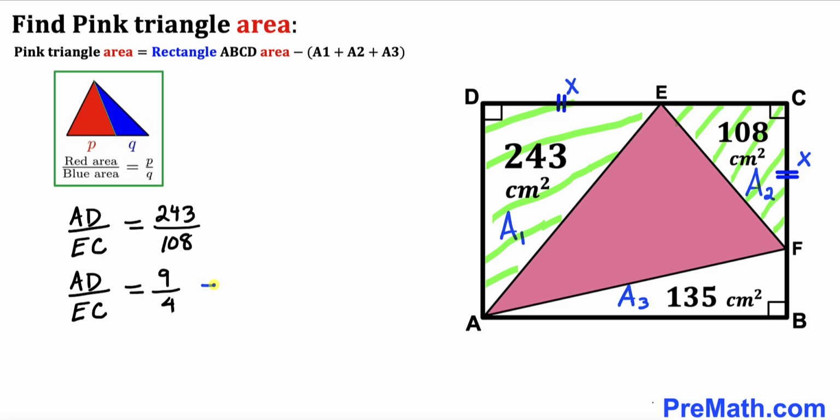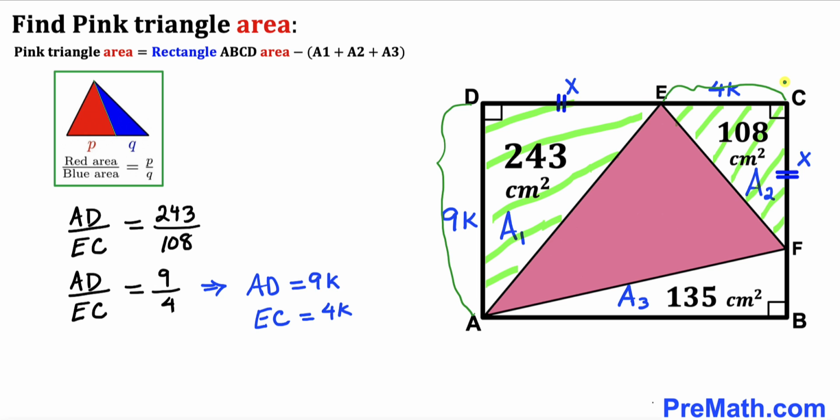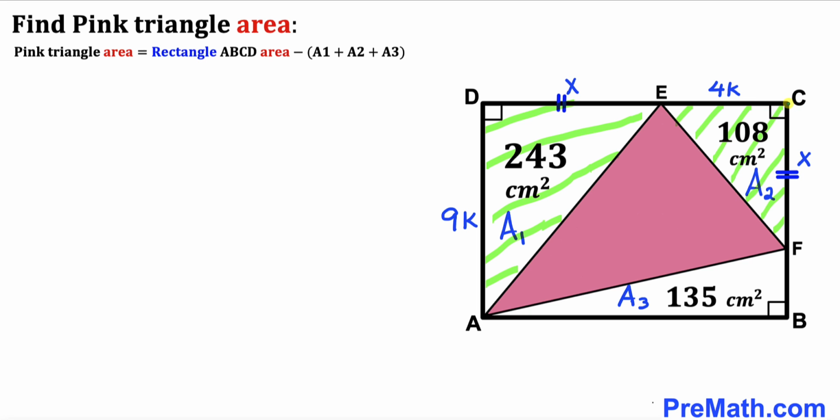So therefore we can write that this side AD is going to be 9 times some positive integer k, and EC is going to be equal to 4 times constant k as well. So therefore we can see the ratio of these two sides is 9 to 4. And also let's make an observation. We can see that this segment CF is going to be less than this side AD.